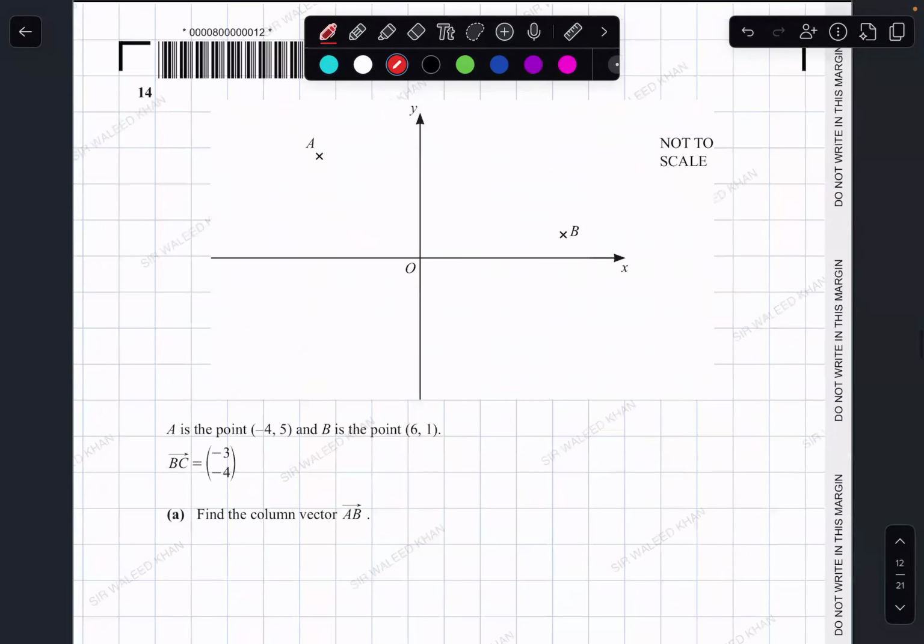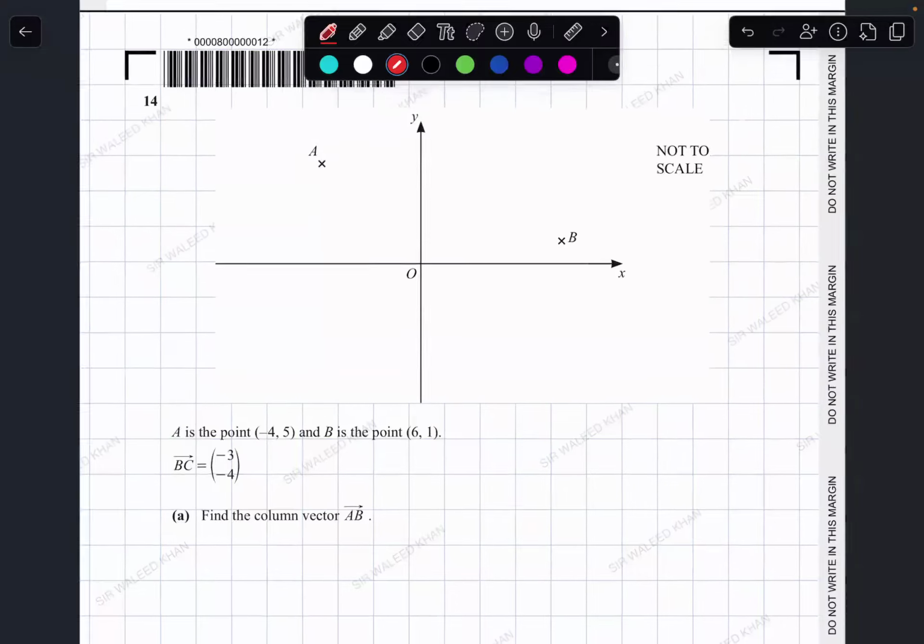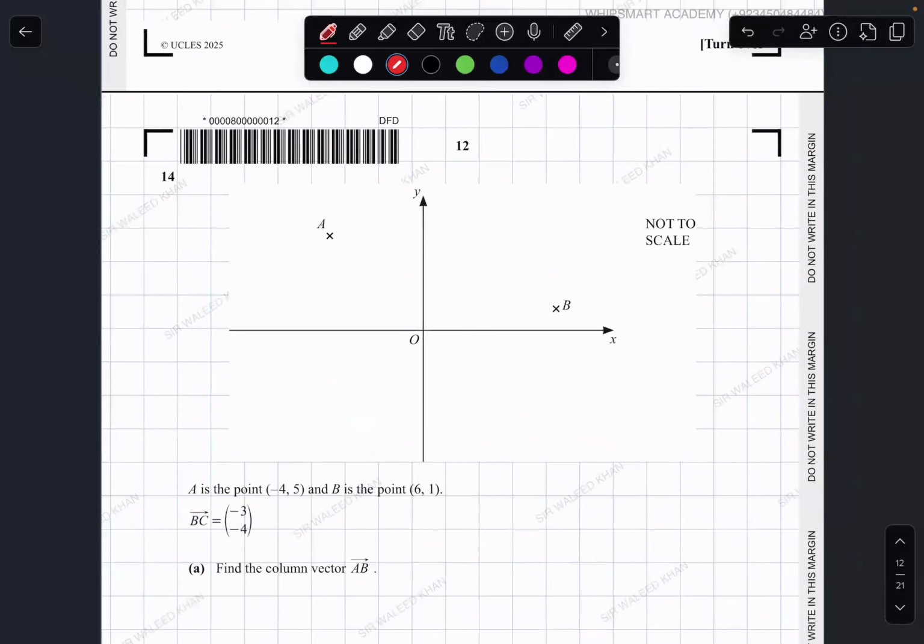Next, question number 14. A is the point this, B is the point this, BC is equal to this. Find the column vector. Whenever they mix such things, coordinates of a point and a column vector like this, you should always know, the same way we did in transformation, that when we are moving from the origin, it's the same column vector and the coordinates of a point.